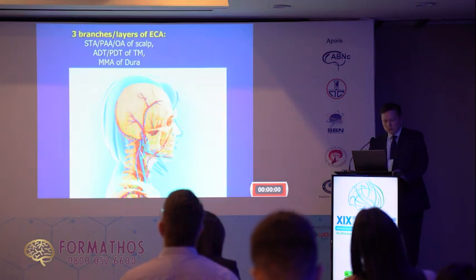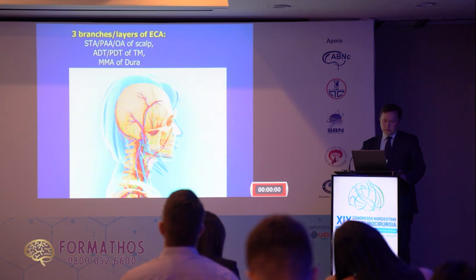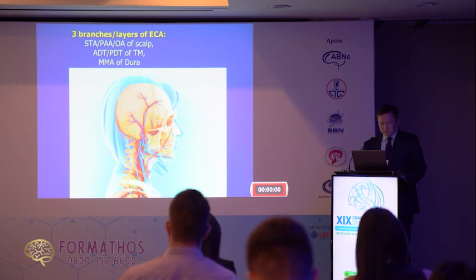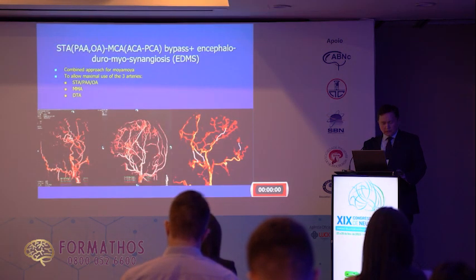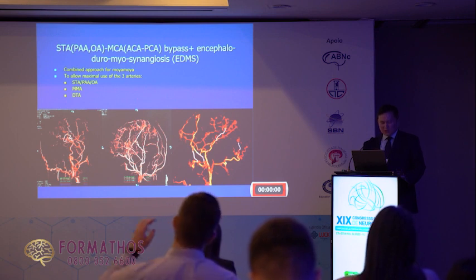So we can use 3 layers of the ECA branch, which is the STA or post-auricular artery or occipital artery of the scalp, anterior deep temporal artery and the posterior deep temporal artery of the temporal muscle, and the middle meningeal artery of the dura. So we normally use STA or post-auricular artery or occipital artery with the MCA or ACA territory or PCA territory bypass combined with EDMS.